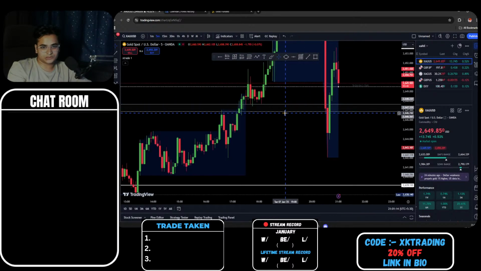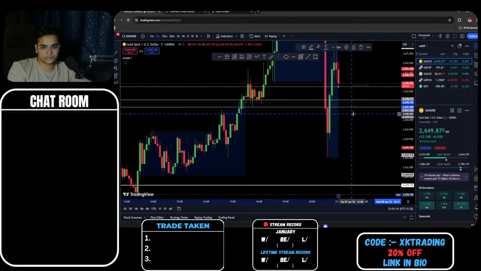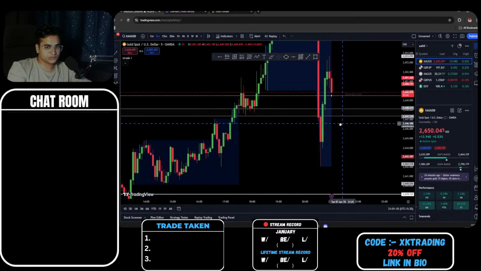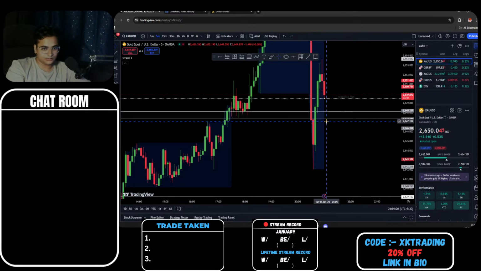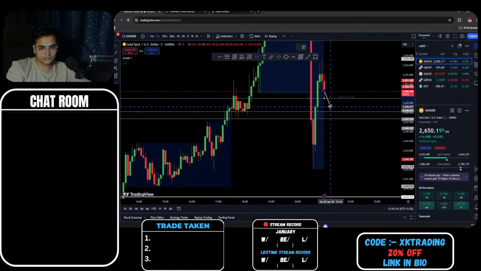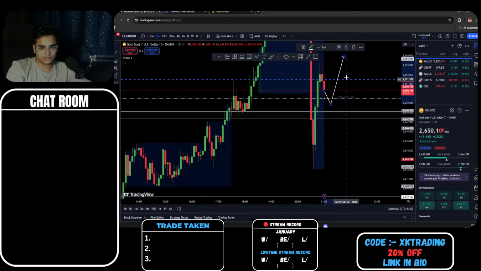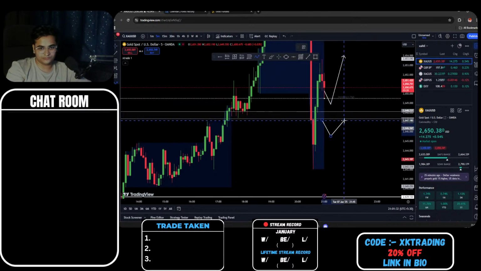So to be honest, anything below this structure is no good for us. Okay. So what I'll be looking for is if price rejects here or here, and this is the buy trend. But if we get a closure below the structure, okay, then I think we should be looking for sells.